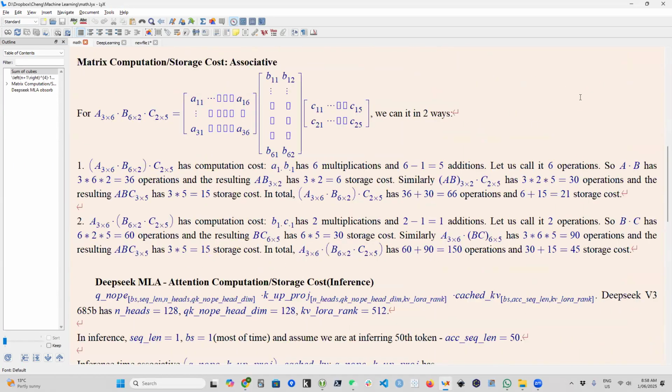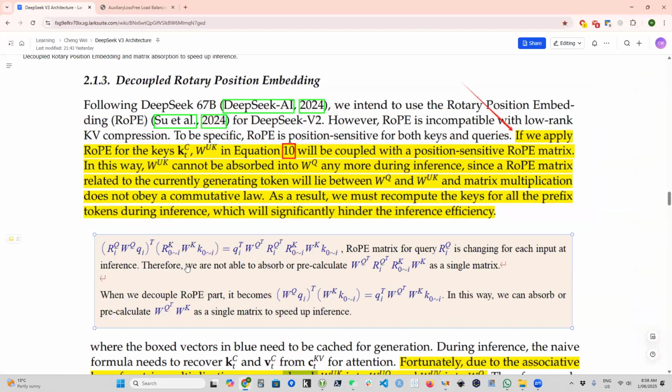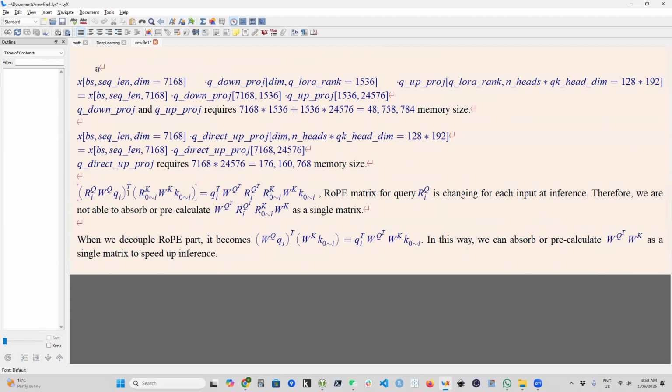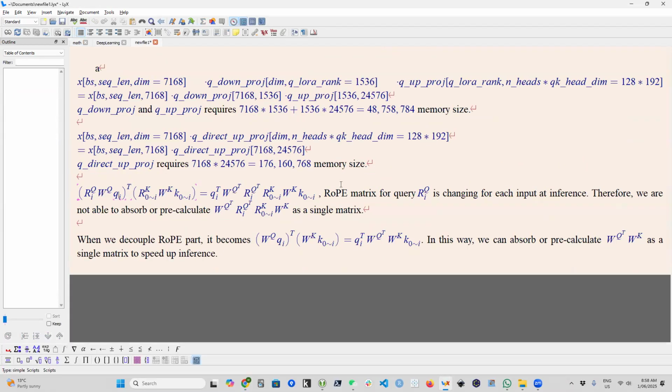Let me check. Oh, it's here. This is actually the same. It's just the input X.